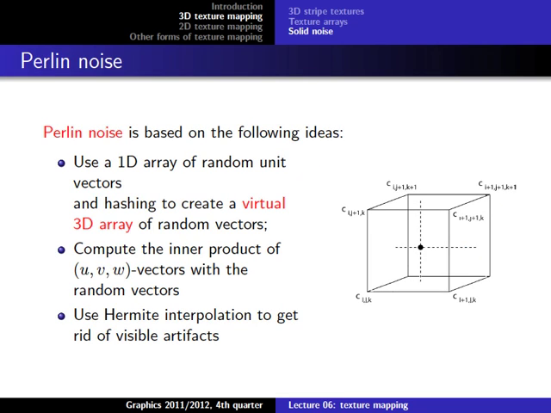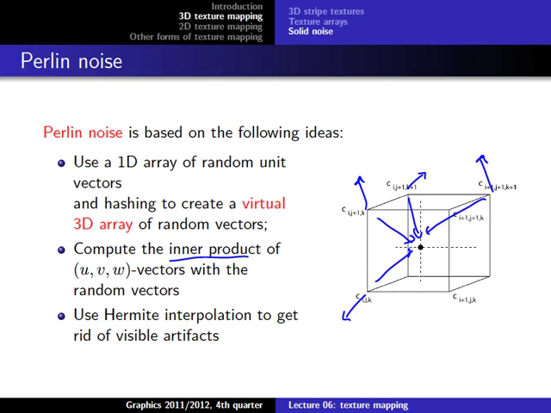And we do this by creating the inner product of the vectors. This is exactly the reason why we created random vectors and not random values, because if we just took the values, we would stick to these local maxima and minima at the grid structure. But here we have random vectors for each index entry, and we multiply that with the vector that points towards our UVW value.